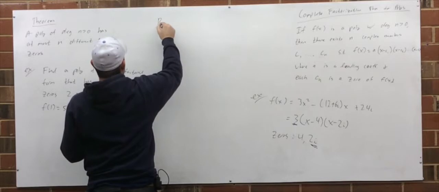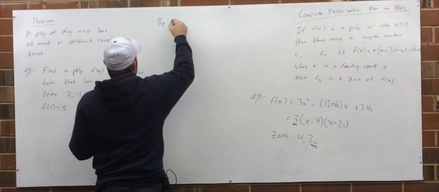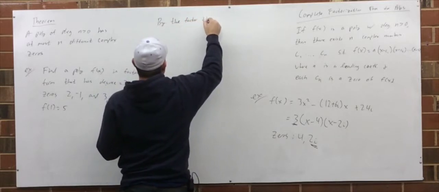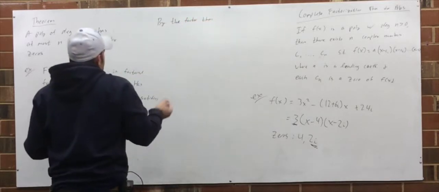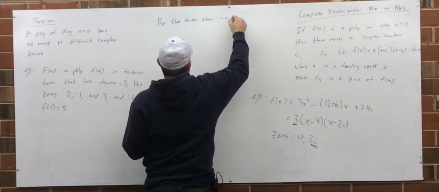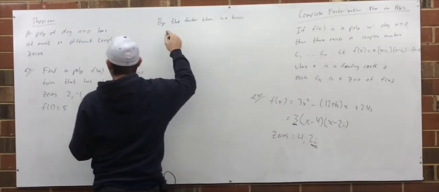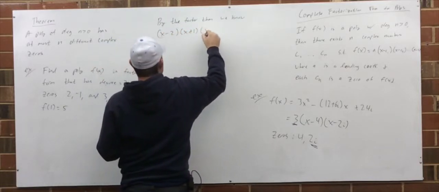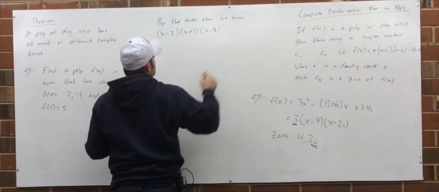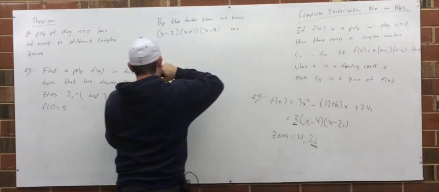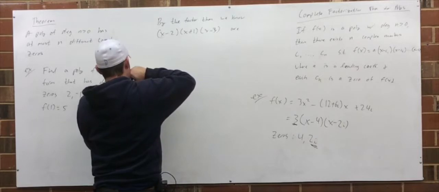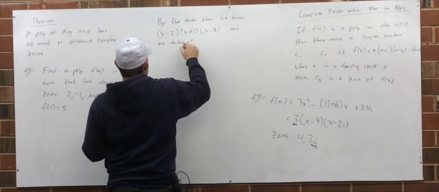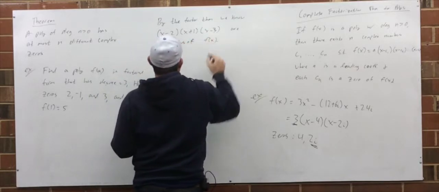So recall, in last, I think it was 3.2, the factor theorem. Well, the factor theorem, we know that x minus 2, x plus 1, and x minus 3 are factors of f of x.